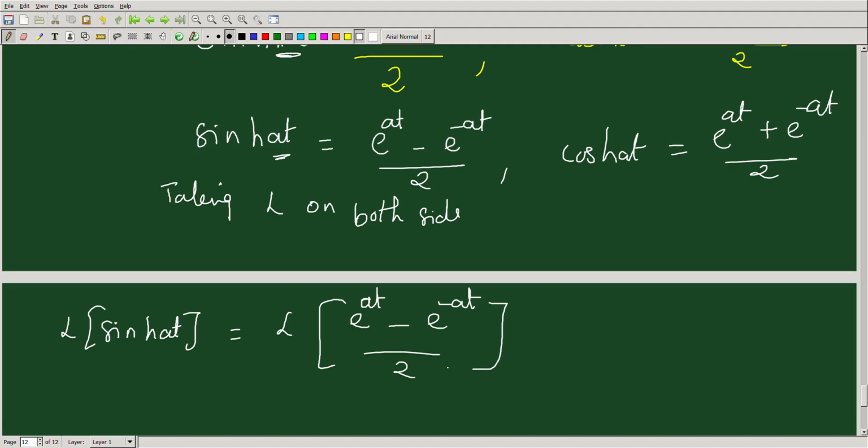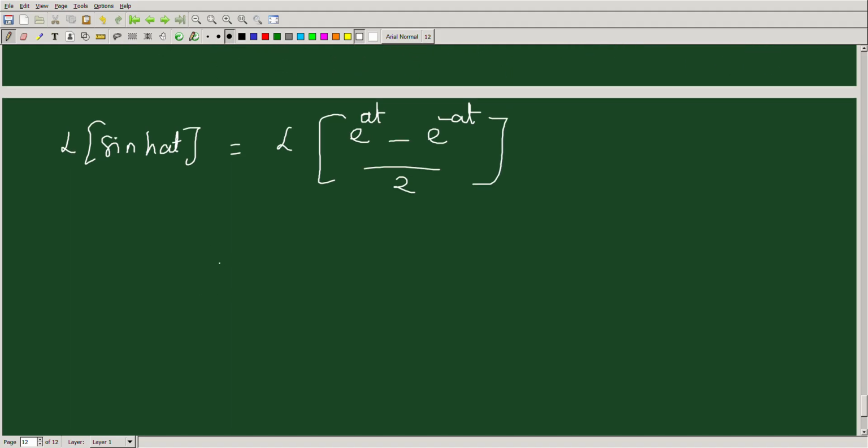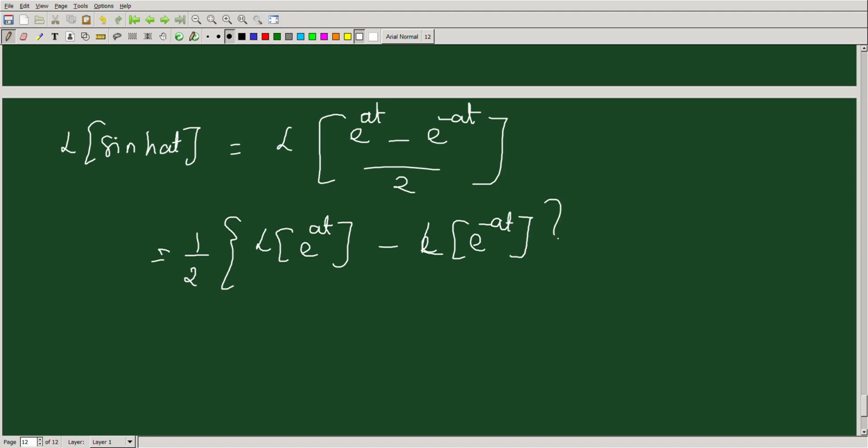By linear property. You know Laplace transform holds the linear property. Take 1 by 2 outside and you can write Laplace transform of e power at minus Laplace transform of e power minus at.